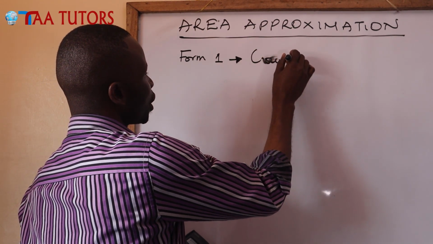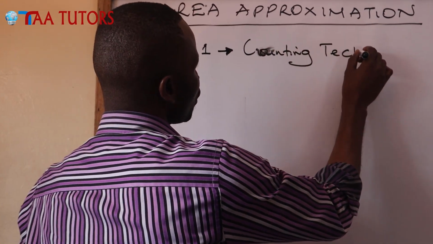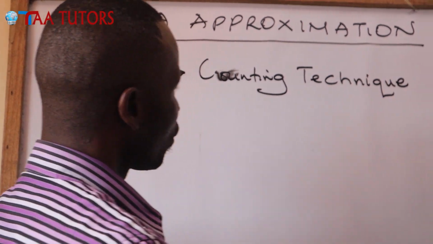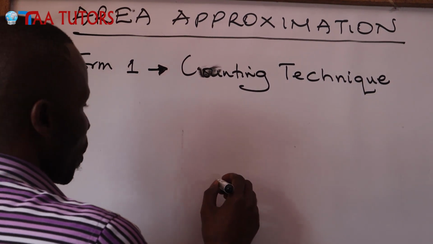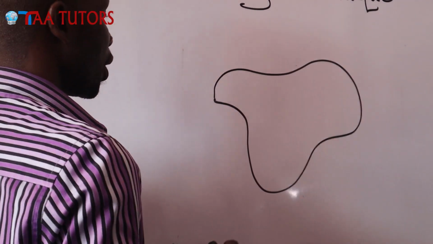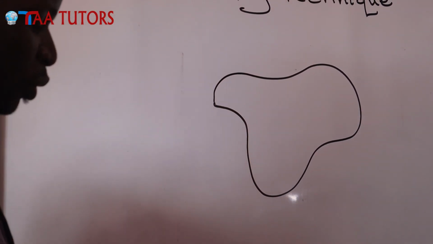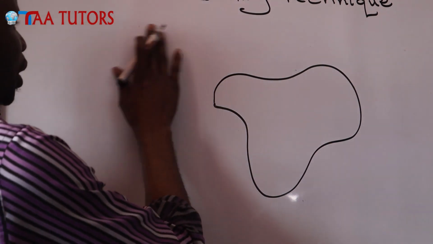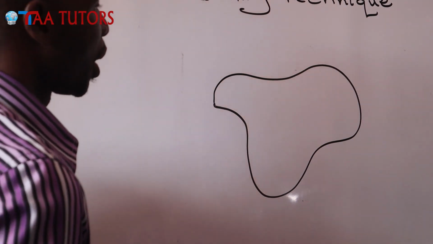We are not going to deal with the counting technique in depth here because it's something you have learned before. Just to briefly describe it: if you have a shape, assuming this is the region of land whose area we want to determine, the first thing is to put a grid on this particular area.